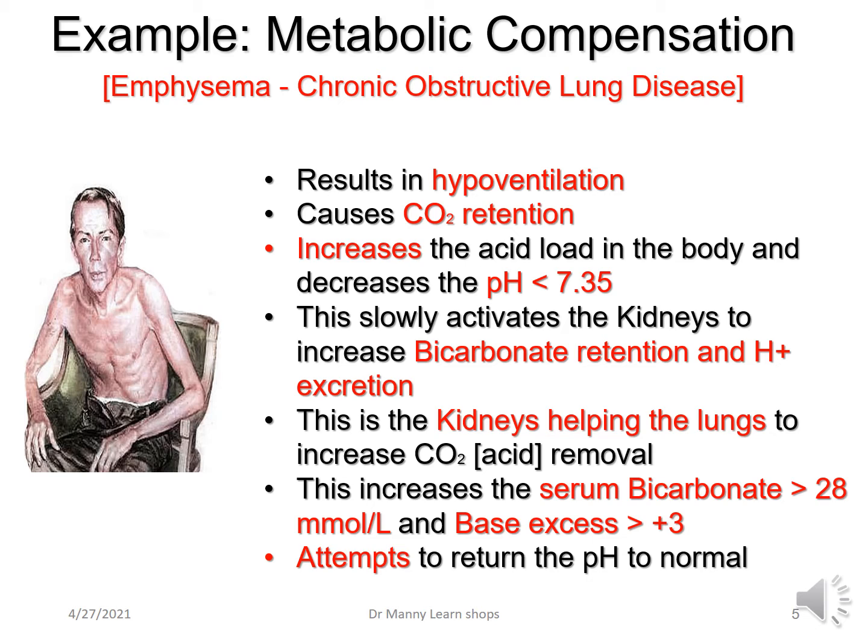This is the kidneys helping the lungs to excrete CO2, acid removal, as you'll see when we look at the Henderson-Hasselbalch equation. This increases the bicarbonate to greater than 28 millimoles per litre and the base excess to greater than +3. And the main rationale is to attempt to return the pH to normal levels to prevent intracellular and cellular damage.